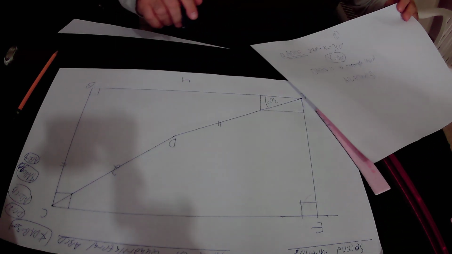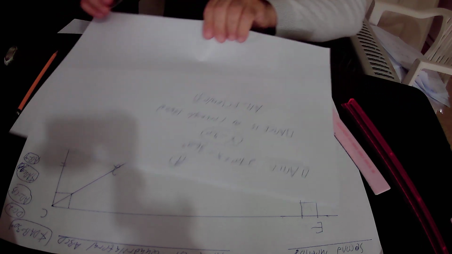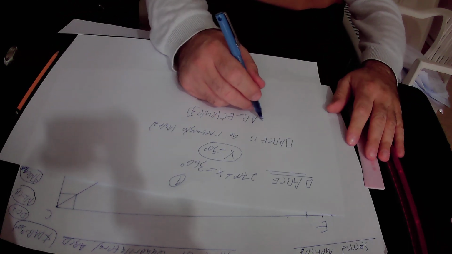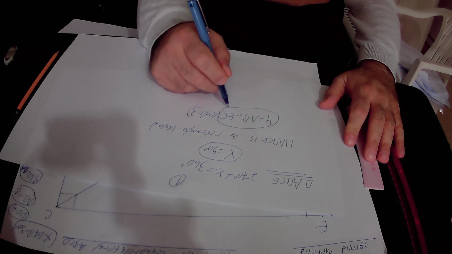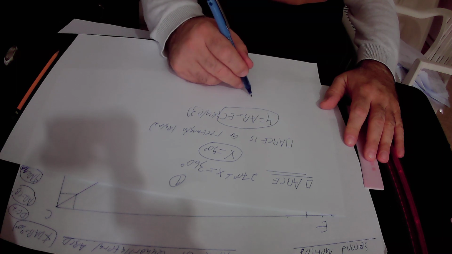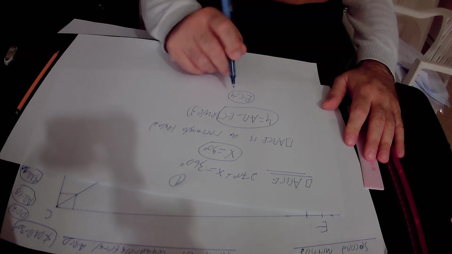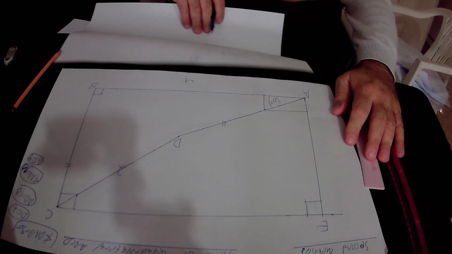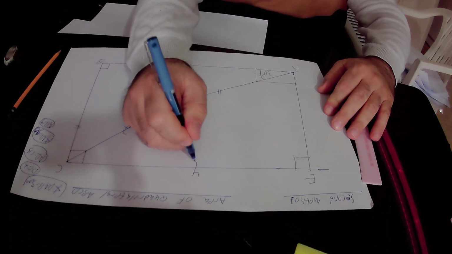But it is given in the question that AB equals 4 units. From this equation, we will derive that EC also equals 4 units. So here EC equals 4 units.